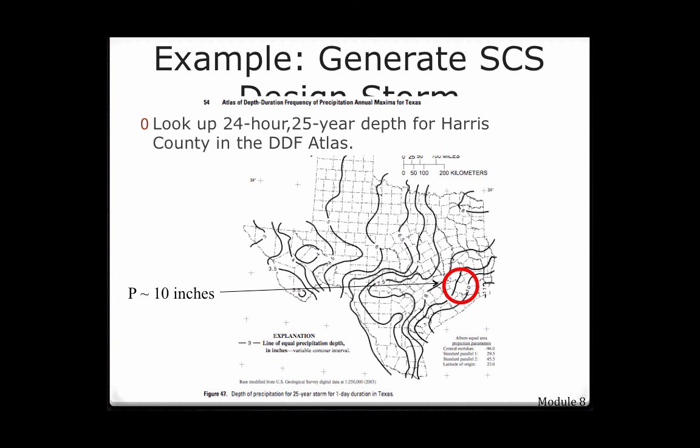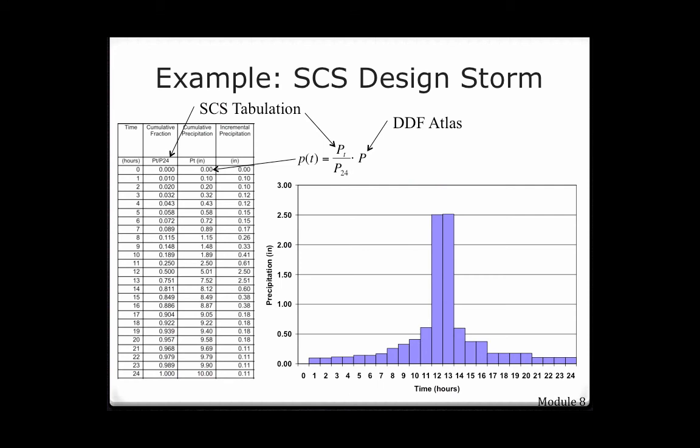I believe I used 10.01 in my calculations. Okay, and then use the SCS tabulation. So this has the hours. Now it's convenient here, somebody's gone to the trouble to take those oddball increments out. That'd be neat. And the cumulative fraction associated with that time history.